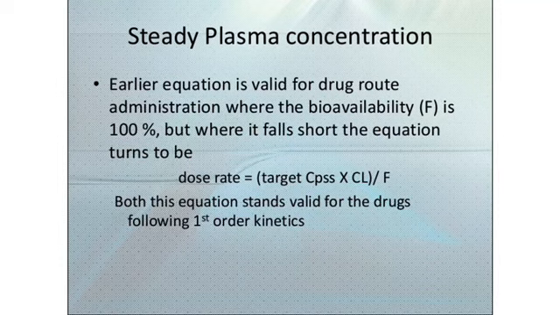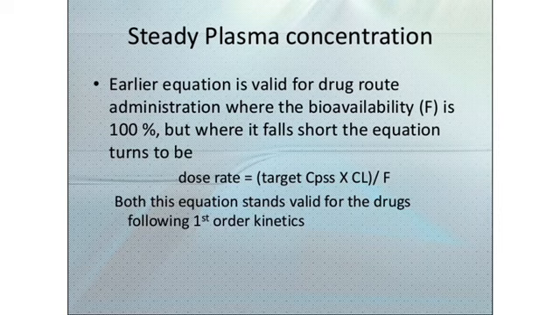Yung equation kanina na sinabi natin, dose rate divided by clearance, makukuha mo na yung concentration in plasma steady state. That equation is valid only for drug administration where the bioavailability or F is 100%, such as IV parenteral. But where it falls short, the equation becomes dose rate equals target CPSS times clearance divided by F. Pag hindi 100% yung bioavailability, you compute it this way.